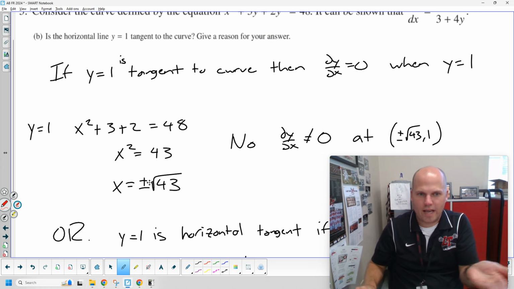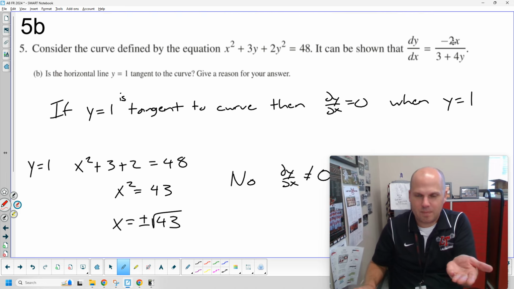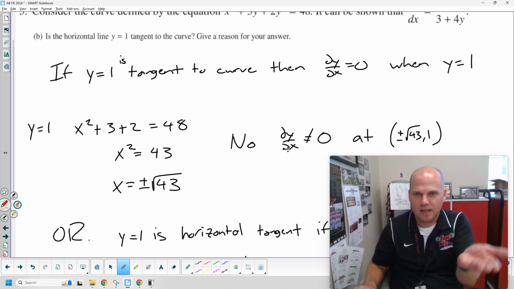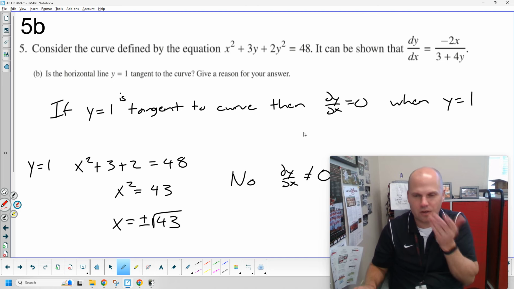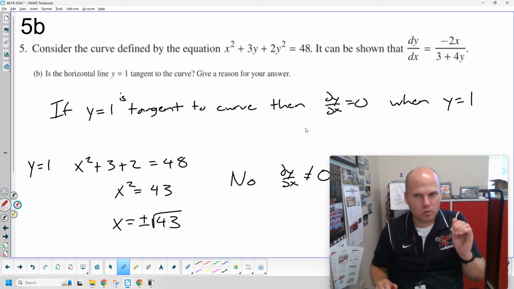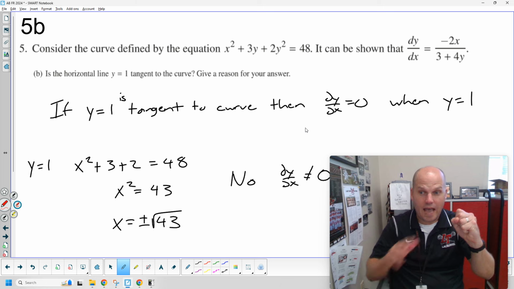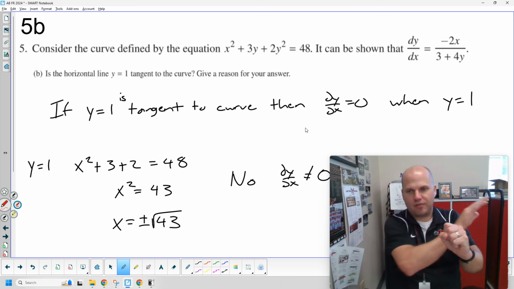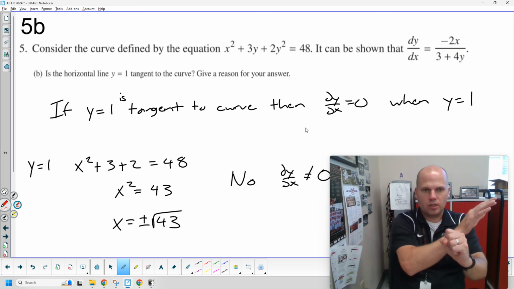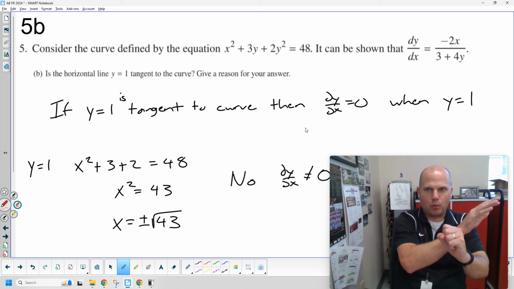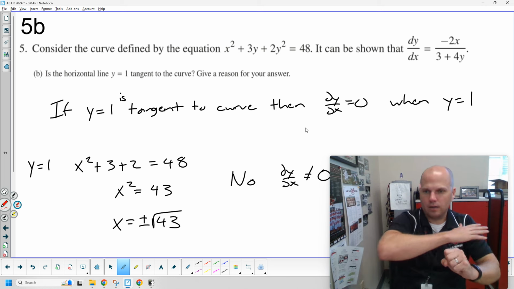Well, if y equals 1, x is plus or minus root 43. I plugged y equals 1 into the derivative with plus or minus root 43, and I don't get the derivative equal to 0. So when my curve has a point where y equals 1, the x coordinate has to be at these plus or minus root 43s. But the slopes at those points, not 0.